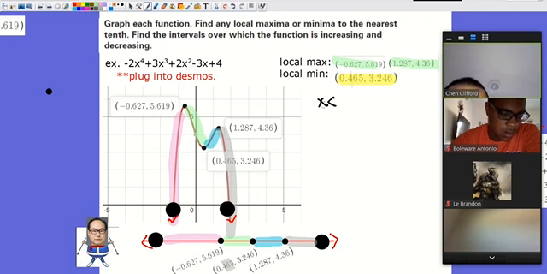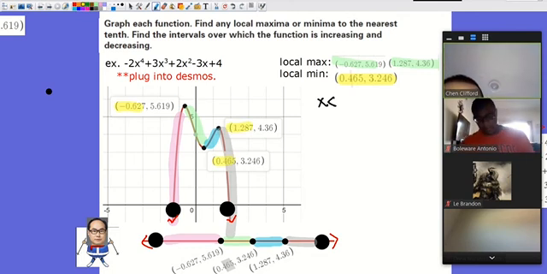Today we only care about the X values. So the pink portion touches which X value? The pink portion touches negative 0.627.